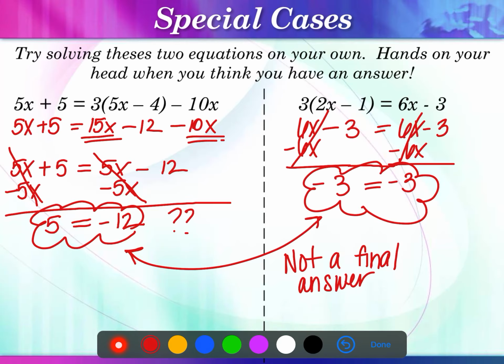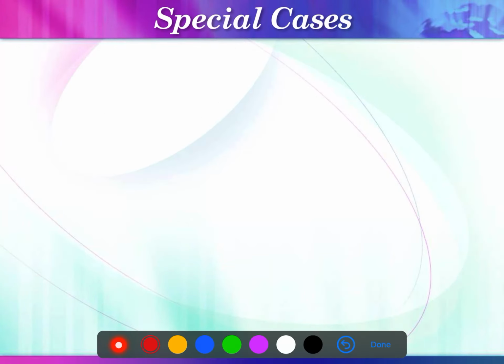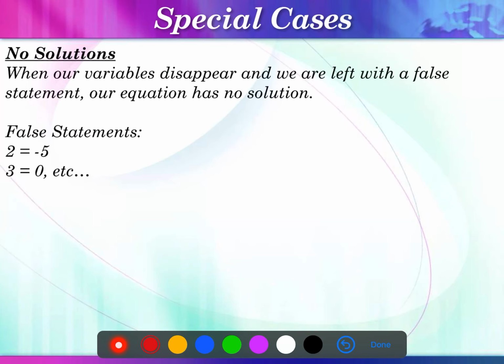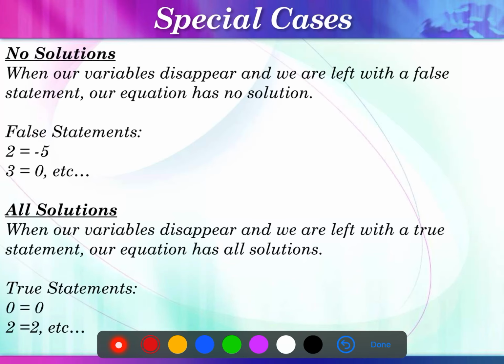All right, so let's see, what does this mean? All right, so these two situations could possibly mean no solution or all solutions. Okay, it depends what kind of statement you get at the end. Okay, so statement, those are the key words. So a false statement is when I get down to the end of my problem and it doesn't make sense. 2 equals negative 5. 2 does not equal negative 5.